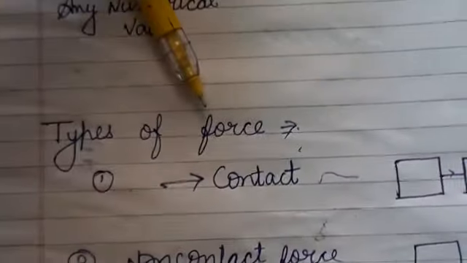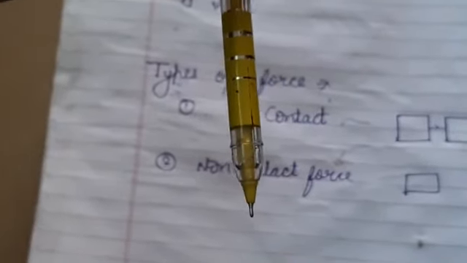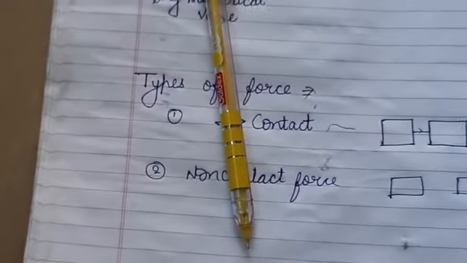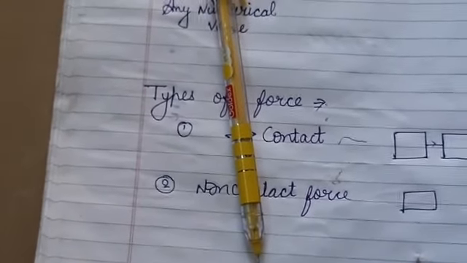Non-contact force. Let's assume this is a pen. Gravity is applying a force on this pen. Gravity, earth. Just as I drop this pen, it will move downward. Who is applying a force on this pen? The gravitation.